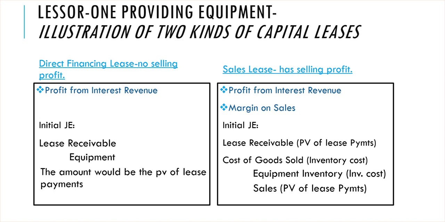Why would you want to do it as a lease receivable versus an account receivable? An account receivable is short term, and this is longer term. If it's longer term, we want to be paid interest, don't we? So you would not do an account receivable long term. You would do a lease receivable long term because you want that interest.